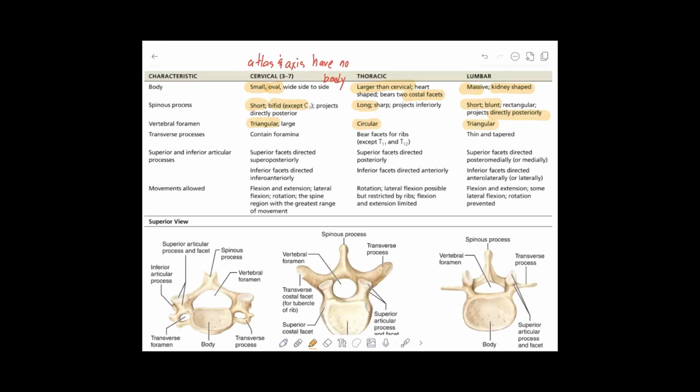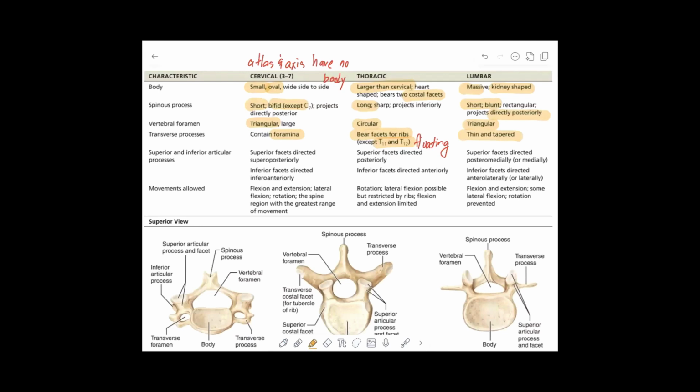The transverse process has foramina. For the thoracic, it bears facets for ribs except for T11 and T12, which are called the floating ribs. But it has no transverse foramina. And for the lumbar, they're thin and tapered, but again, no foramina.